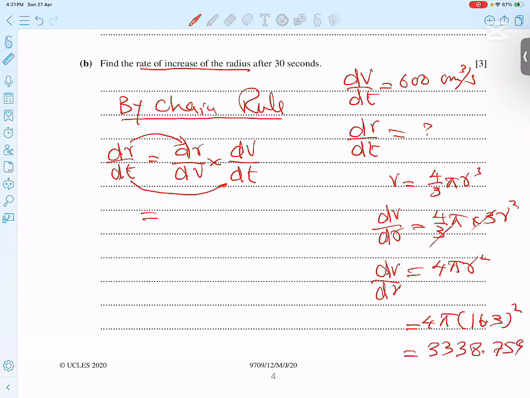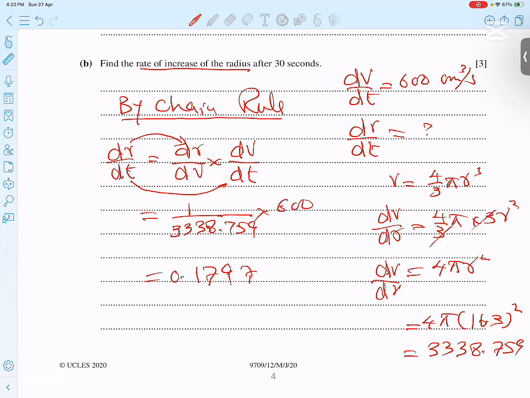3338.759. But here he is asking us for the reciprocal, really: volume up and radius down, radius up, volume down. So I'm writing 1 over 3338.759. And this value we have 600. So when I say 600 divided by this answer, I'm getting 0.1797.